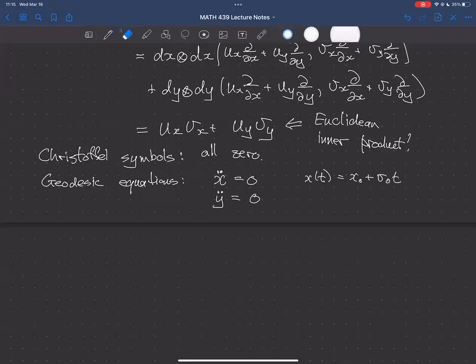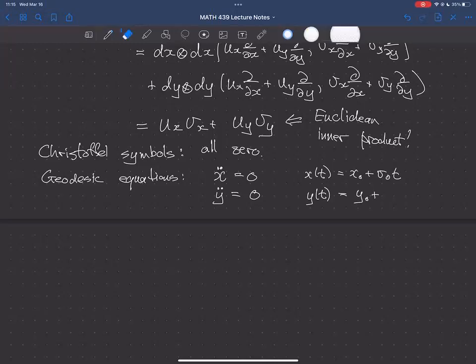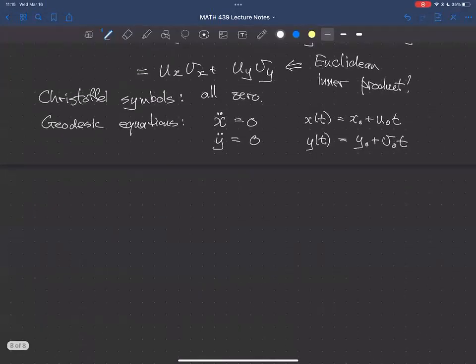So x0 and v0 are the initial position and velocity at time 0, and similarly, y of t is y0 plus u0t. And these, of course, are the parameterized equations for a line in the plane.